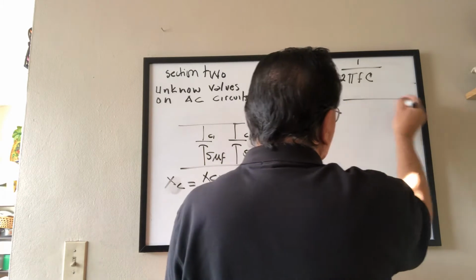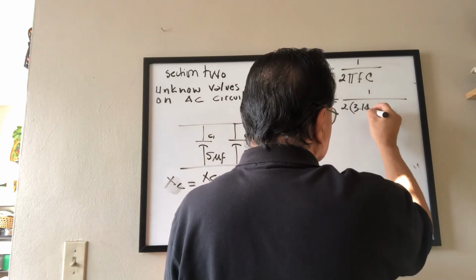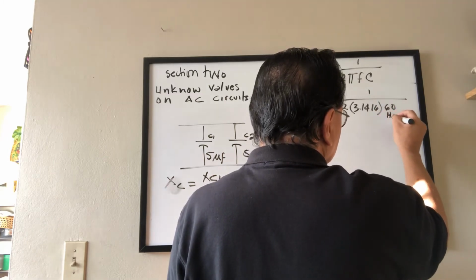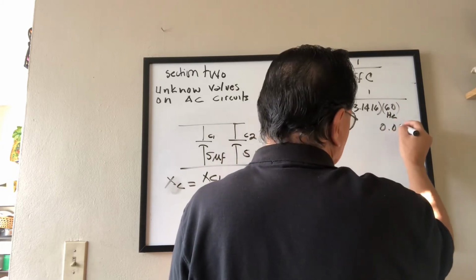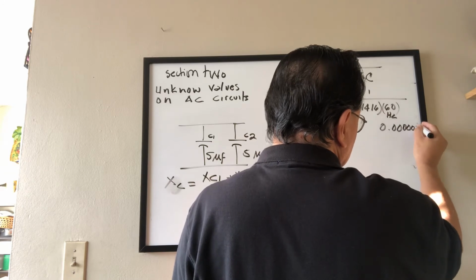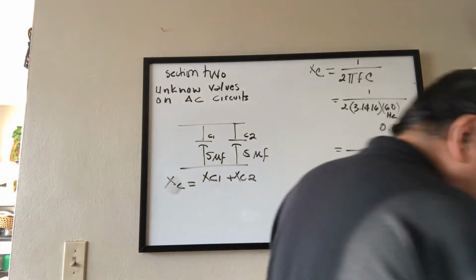So this will be 1 divided by 2 times 3.1416 times 60 hertz times 5 microfarad, 0.000005. Okay, and let's do the math.